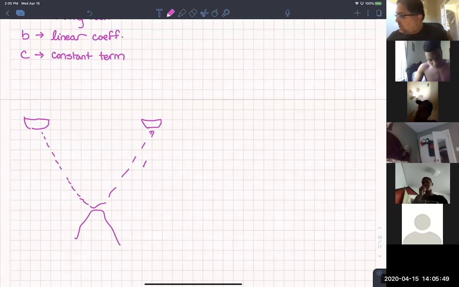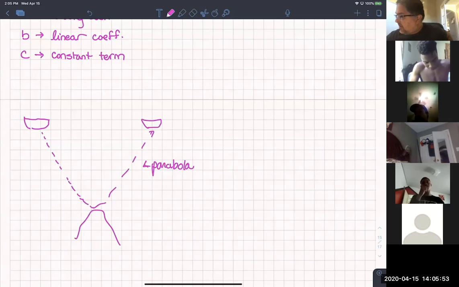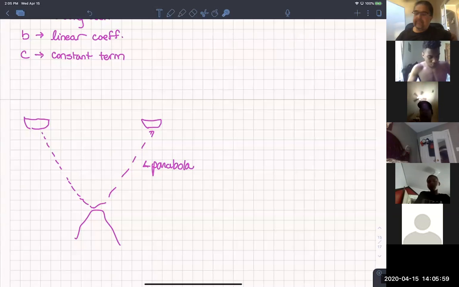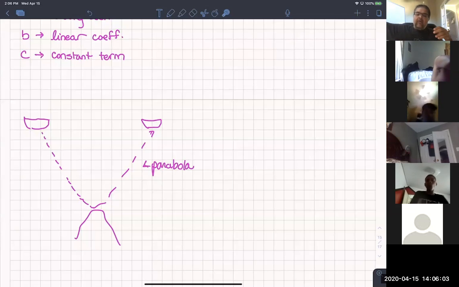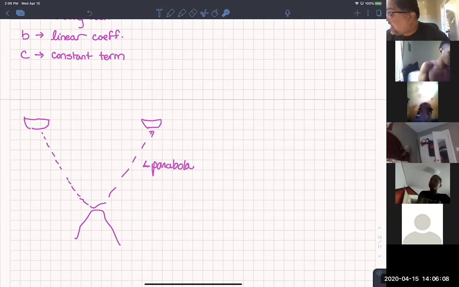So again, this curve is known as a parabola. Where that graph changes from going down to going up, or from going up to going down, is known as the vertex of the parabola.